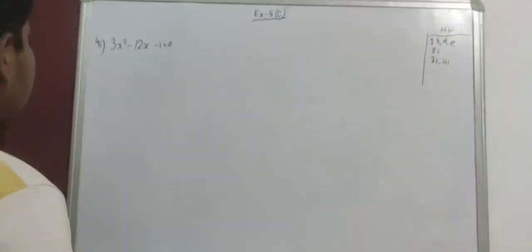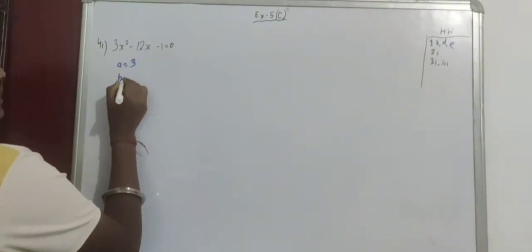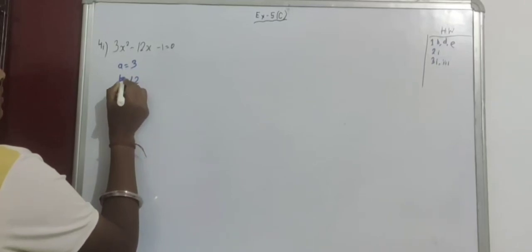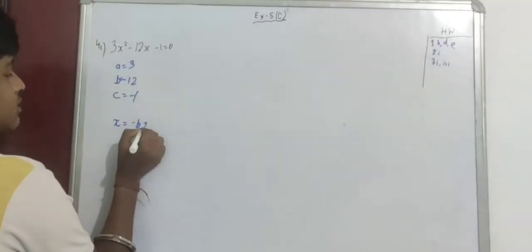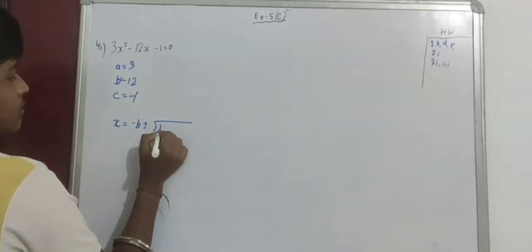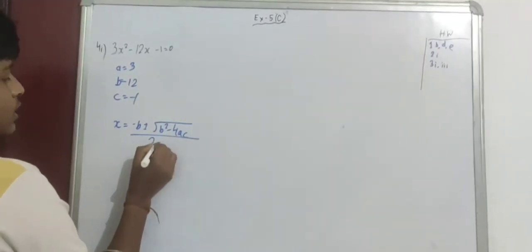Part 1. Here a is 3, b is minus 12, c is minus 1. X is equals to minus b plus minus under root b square minus 4ac divided by 2a.